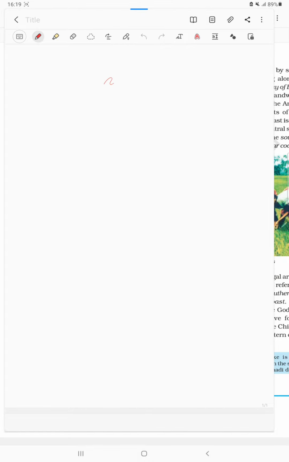The map is not drawing well on the tab, so I am trying to make it fine, but let's see. Today I will cover this chapter.